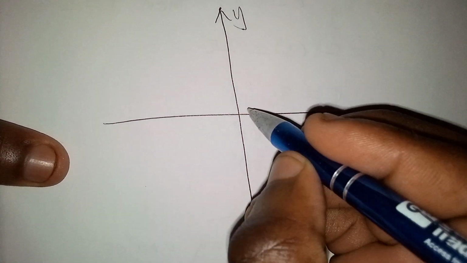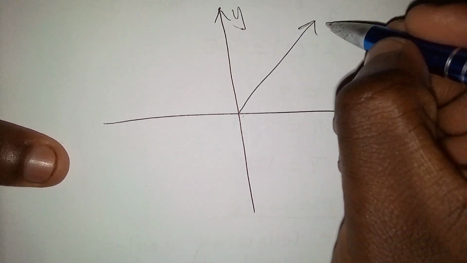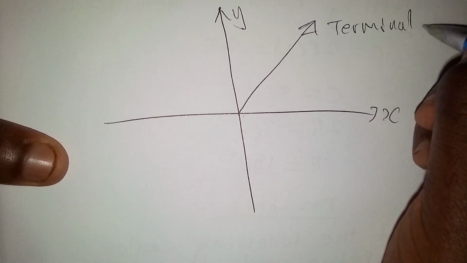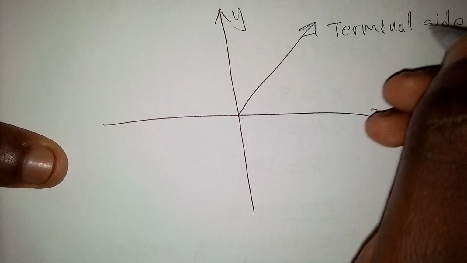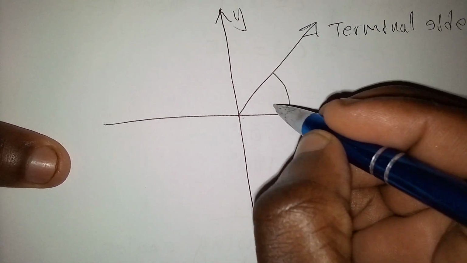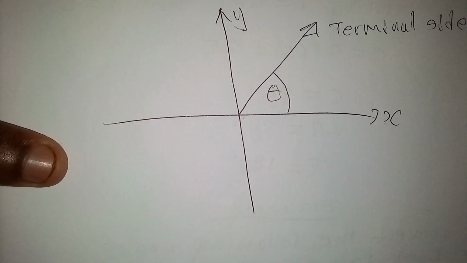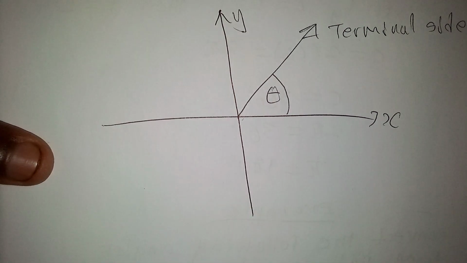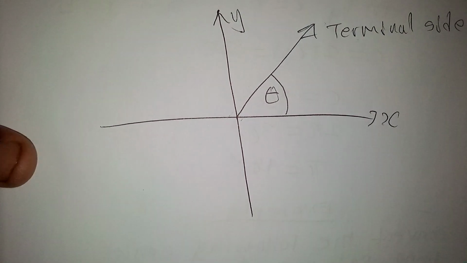So suppose this is our terminal side. Then the reference angle is here, between the terminal side and the x-axis.